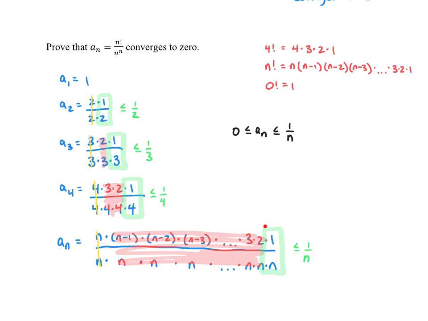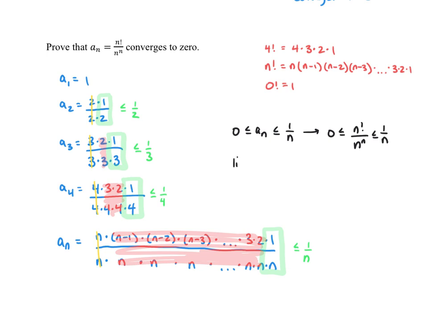So we can make a statement where we have squeezed the a sub n term in between 0 and 1 over n. I'm just going to write that as 0 is less than or equal to n factorial over n to the power of n is less than or equal to 1 over n.